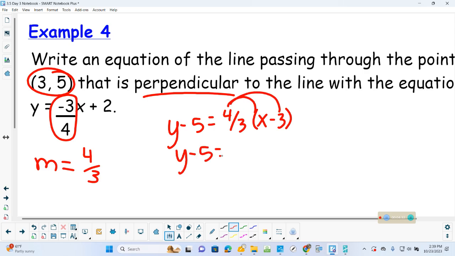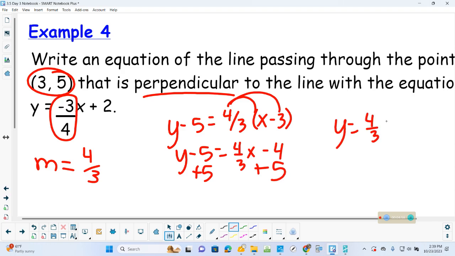Let's distribute 4/3 times x. Here we go. What's 4/3 times 3? 12 over 3. But what's 12/3 really? That wasn't so bad for fraction work. We didn't need our calculators. Okay, let's roll that up, of course.